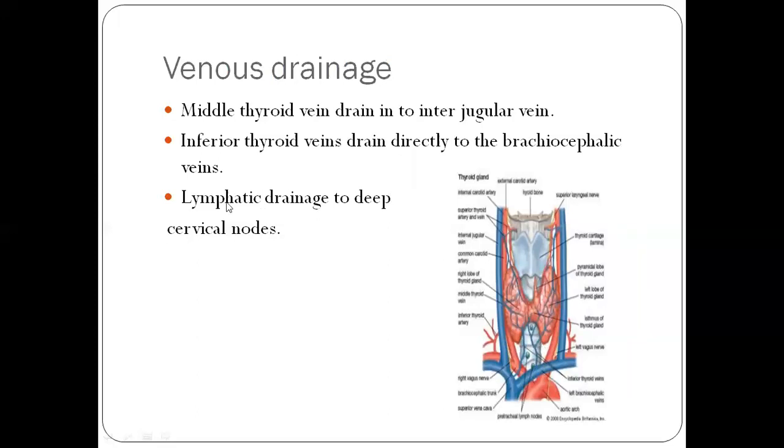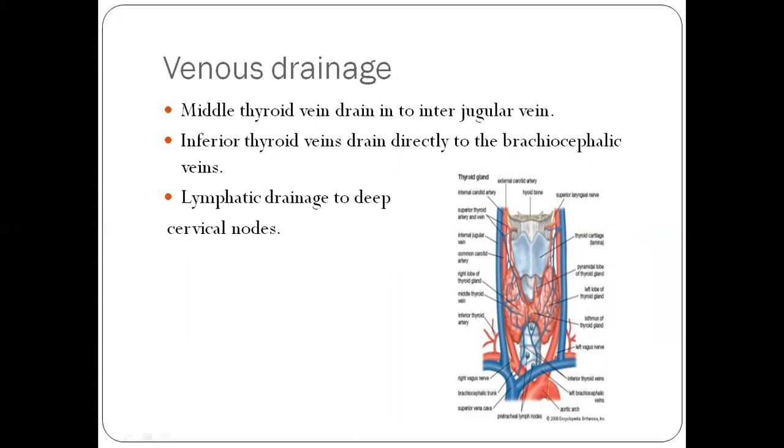So it depends. Lymphatic drainage of the thyroid gland and the parathyroid gland is into the deep cervical nodes. And the blood supply of the parathyroid glands is also the superior thyroid artery and the inferior thyroid artery.